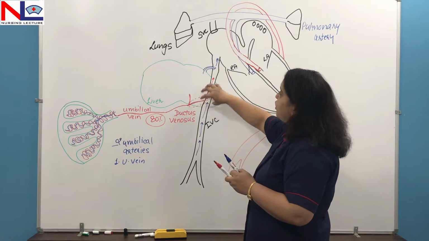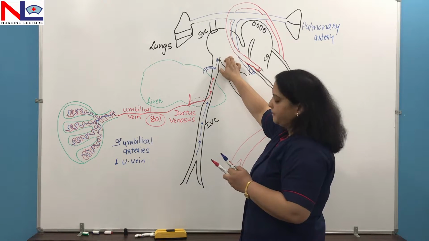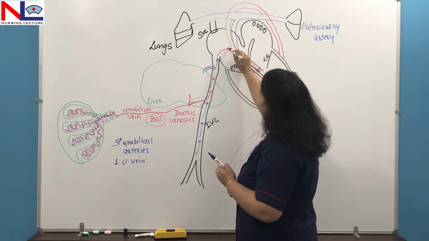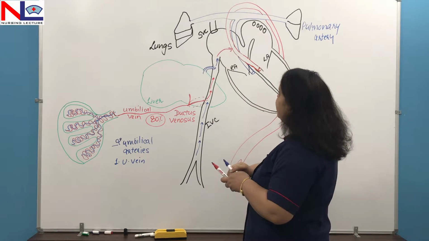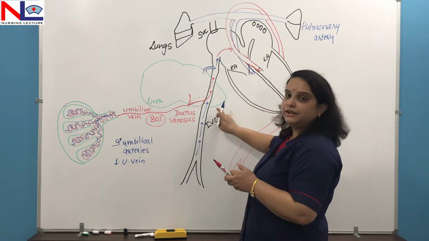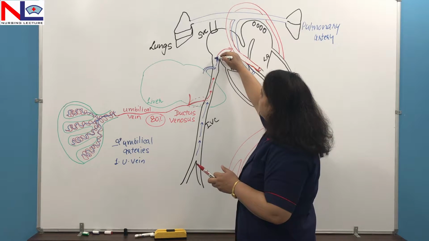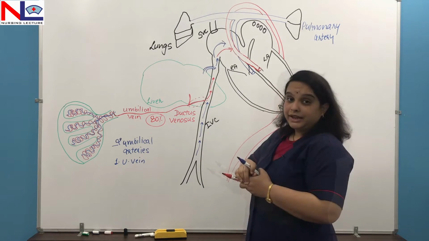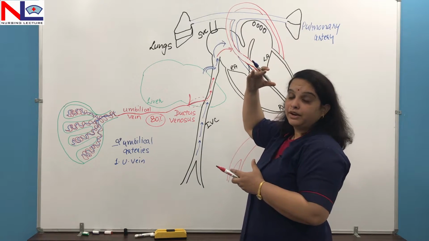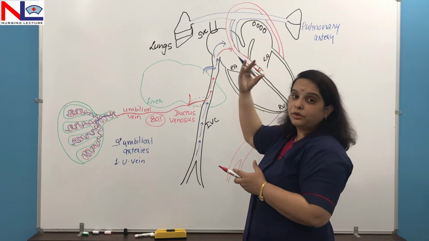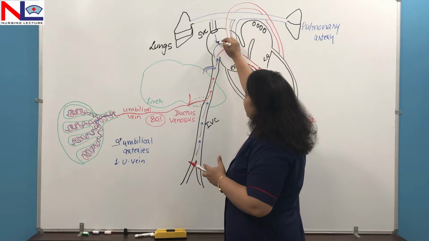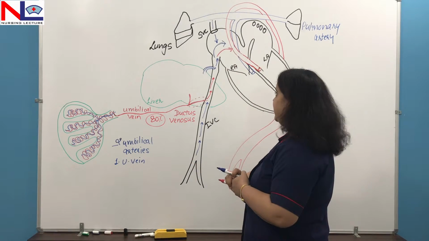So once this whole blood comes into the right atrium, okay, the oxygenated blood is coming here, the major portion of the flow through the umbilical vein, and the deoxygenated blood through the inferior vena cava is also coming here. Okay, so there is quite a mixing of blood here, and along with that the upper part of the body, that is the head and neck, also drain their deoxygenated blood through the superior vena cava, and that also comes into the right atrium.